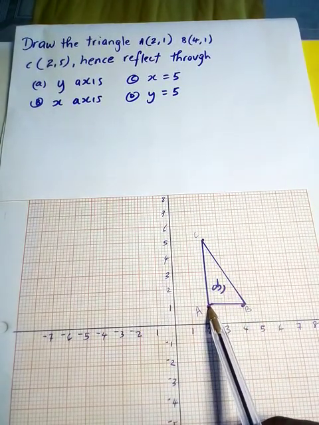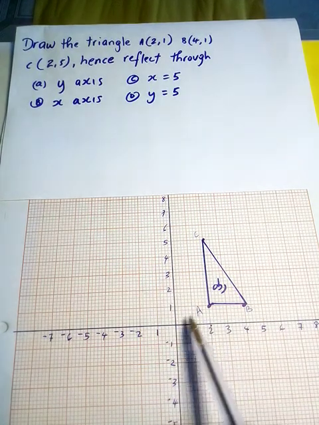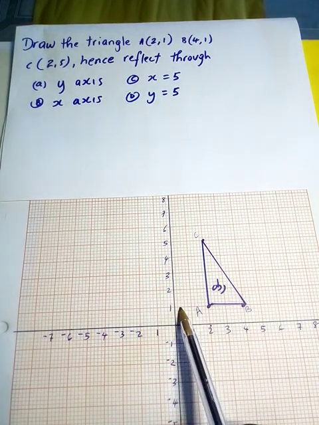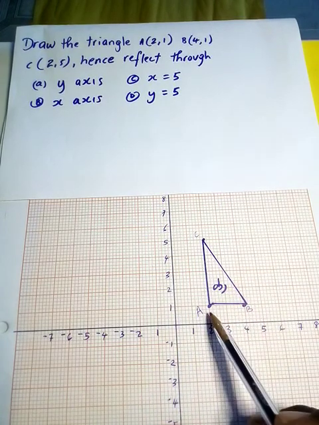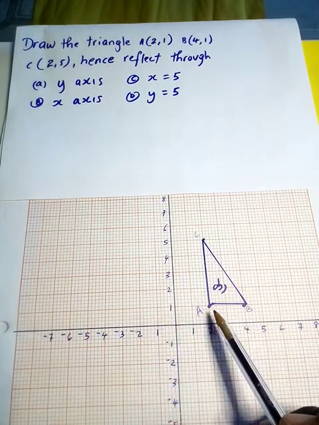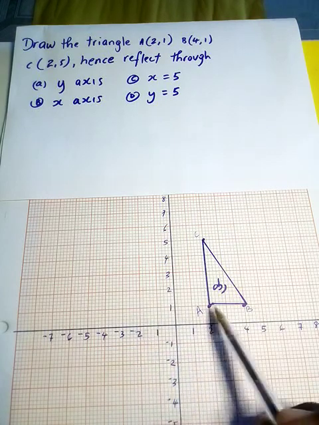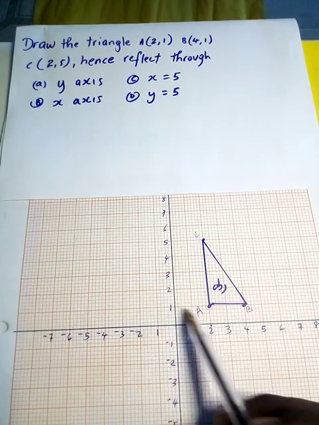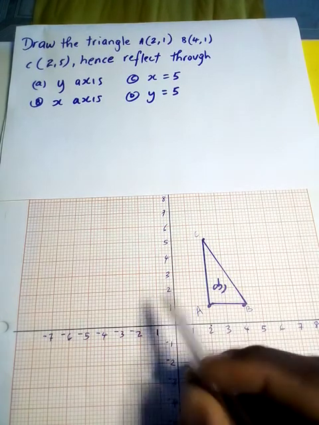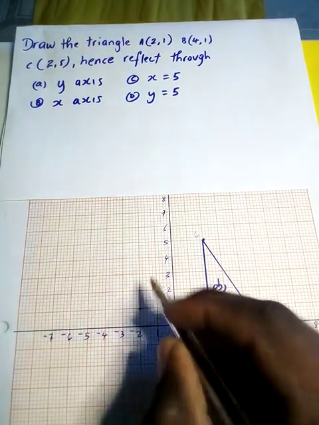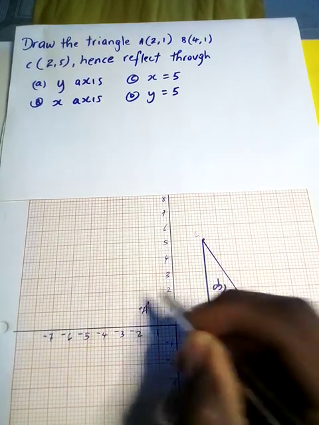For A, the space from the mirror line is 2 unit space in the same line. Because what you learn in reflection is that the image point will be the same distance from the mirror line on both opposite sides. So since it's 2 space from the mirror line, I'm going to count 2 space in the same line. 1, 2, hence A prime will fall right here.